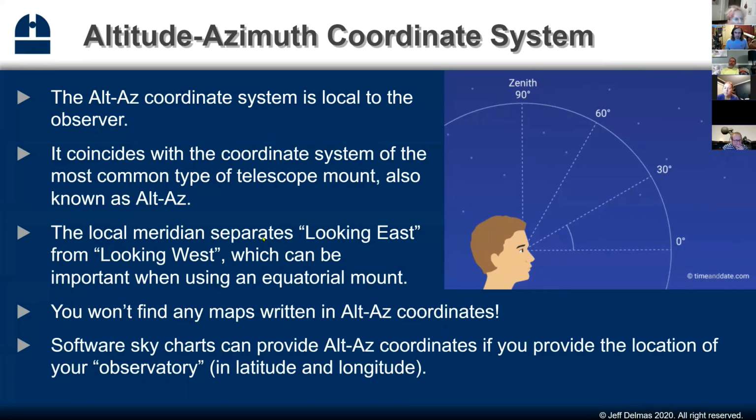And if you really need to transform one to the other, it's easy enough to use software. But like I said, I really have never had to do that. It's more a coordinate system of convenience than it is a coordinate system that you need to know anything about, number-wise.